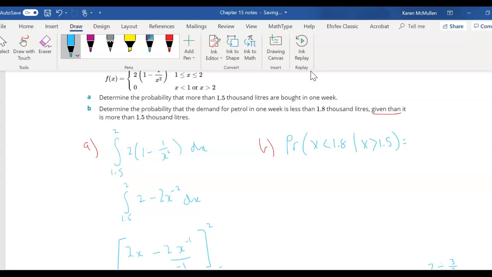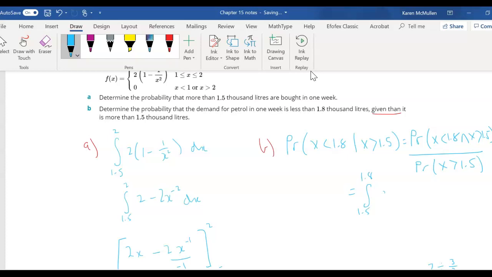All right, so we want the probability that x is less than 1.8 and x is greater than 1.5, or just running out of room, over the probability that x is greater than 1.5. So for our numerator, we've got to be less than 1.8 but greater than 1.5. So we're going from 1.5 to 1.8.